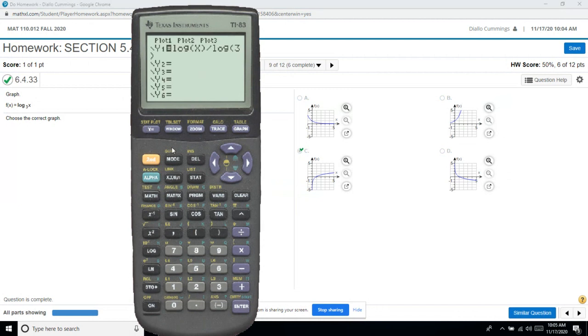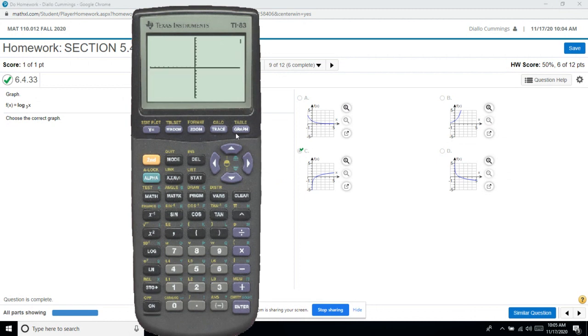I could also use the natural log of x divided by the natural log of 3, and I would get the exact same curve. So just as the change of base formula works with common logs and natural logs, so do those properties of logarithms.